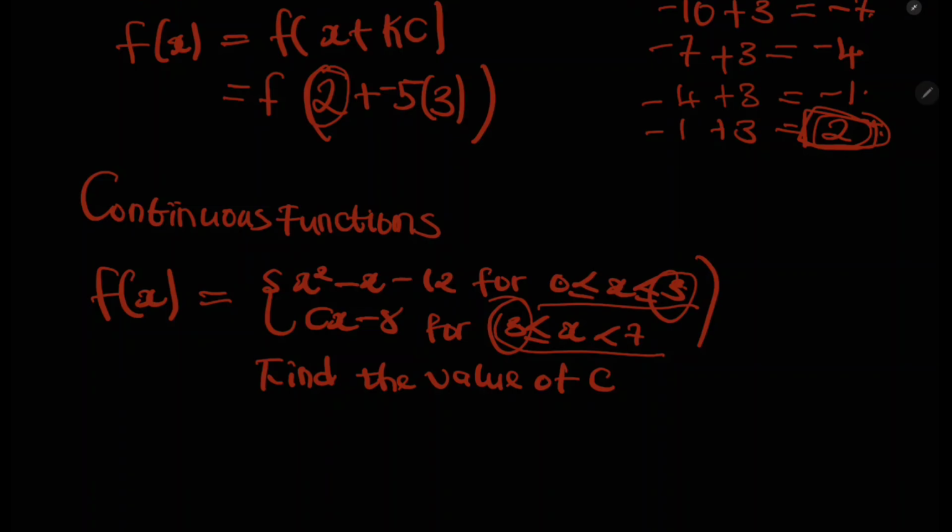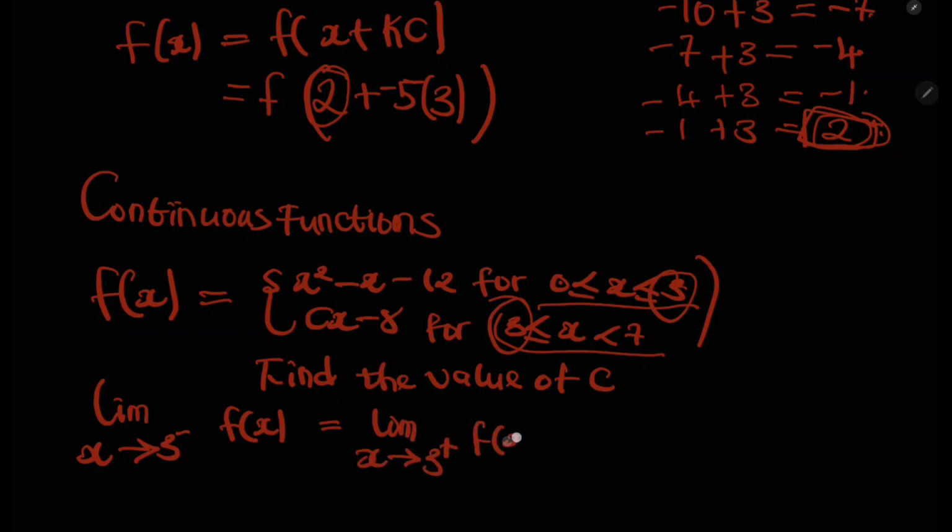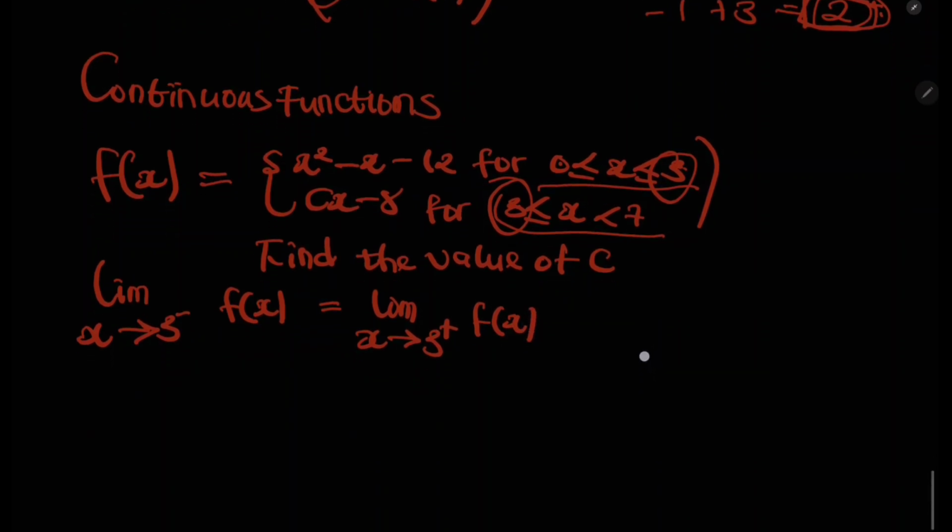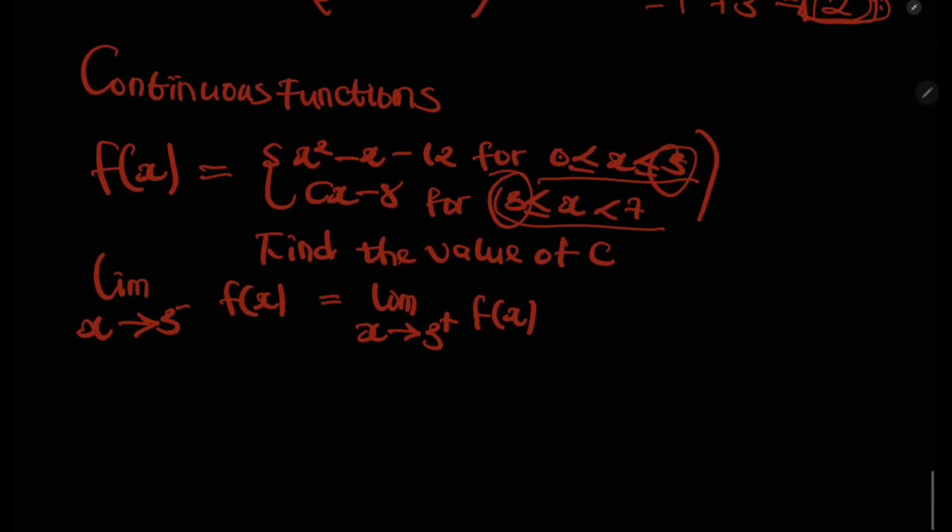So since the function is continuous, then the limit as x tends to 3 of f of x from the left is equal to the limit as x tends to positive 3 of f of x. So this is how it is being done.